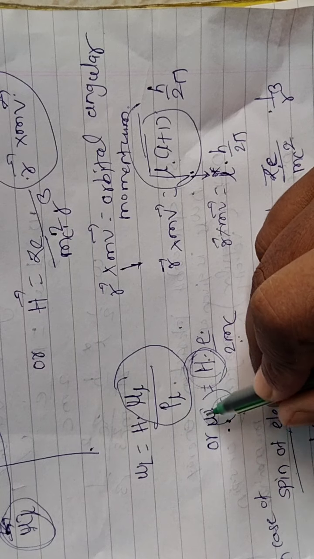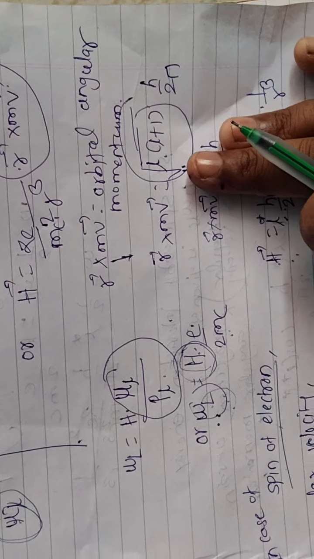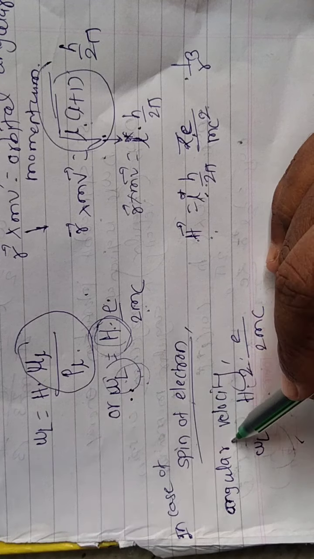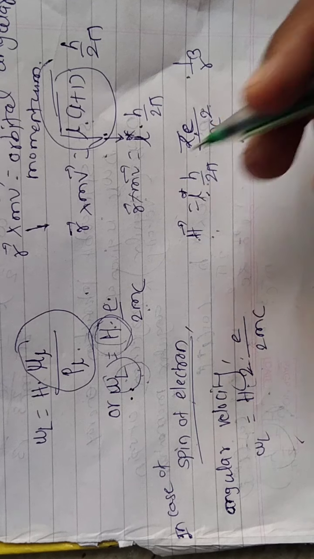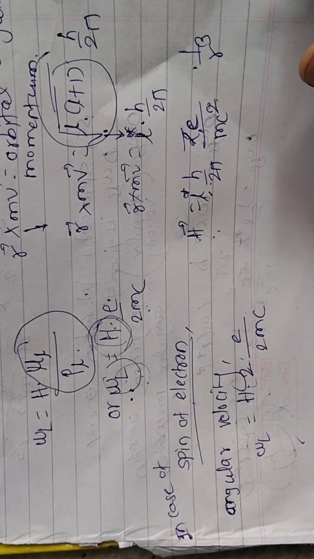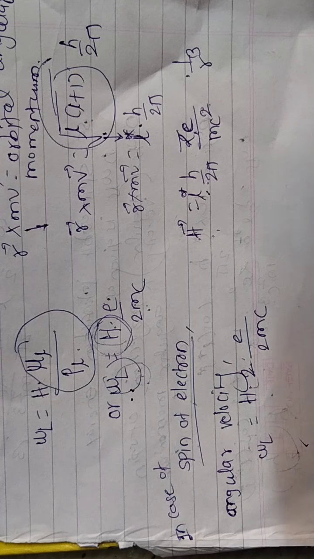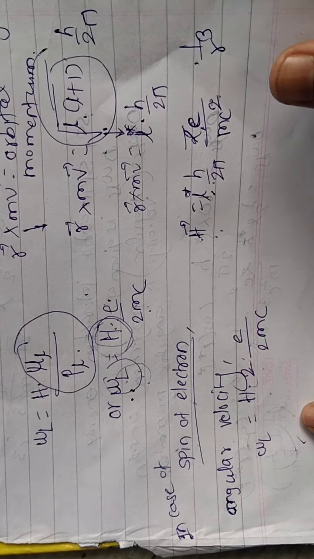In case of spin of the electron, this angular velocity gets doubled because of the presence of the magnetic field. Electrons revolve clockwise as well as anti-clockwise, so this angular velocity gets doubled.